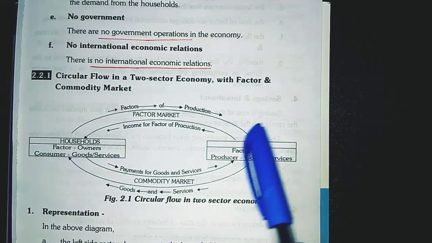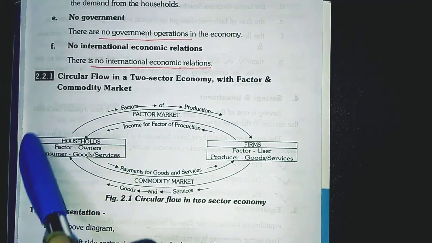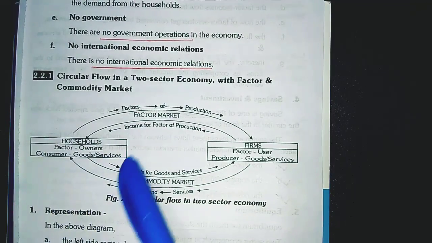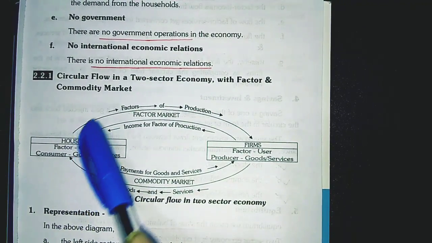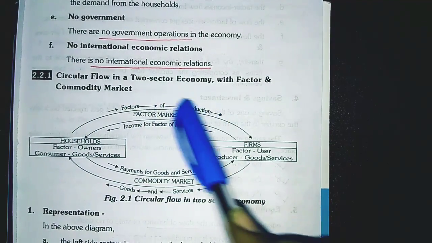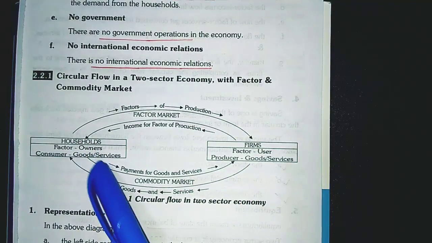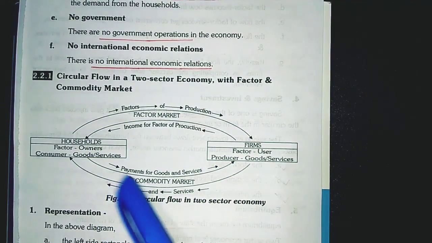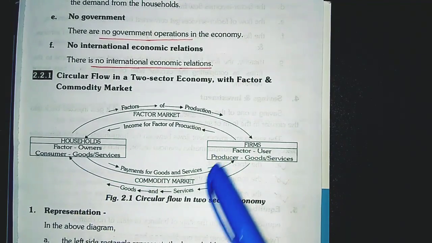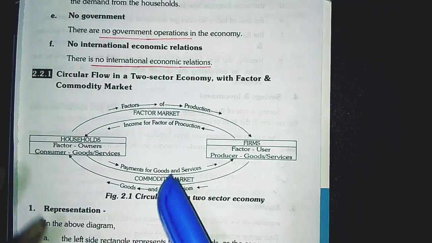Firms means the manufacturers, and household is the sector that consumes your products. The upper half shows the factor market, which we have already discussed, and the lower half represents the commodities market. So the first point is representation.